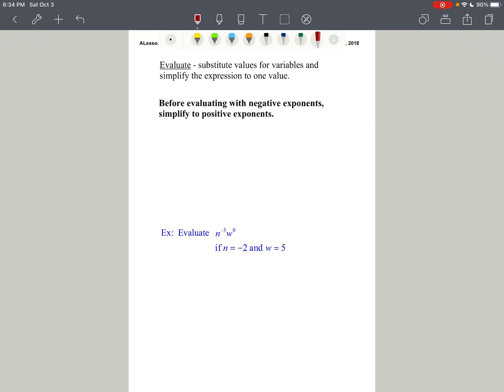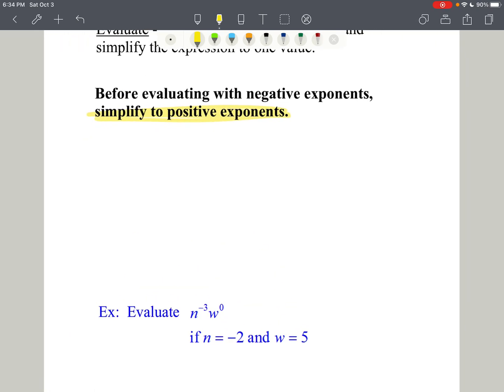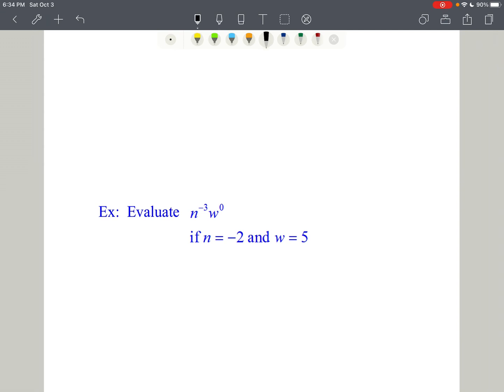It means substitute values for variables and then simplify that to one numerical value. Now before evaluating with negative exponents, simplify so that you have positive exponents only. So make sure you simplify so you have positive exponents only first. So we'll write that step down. First step, write with positive exponents.